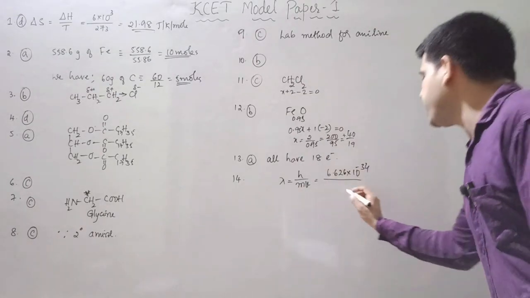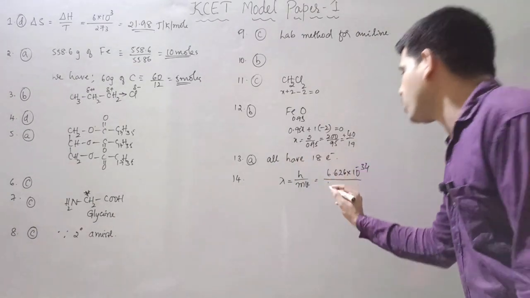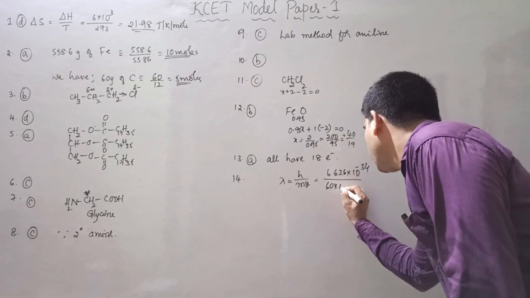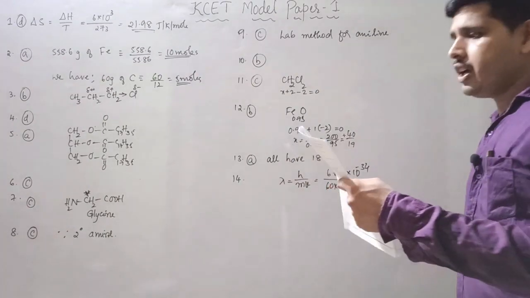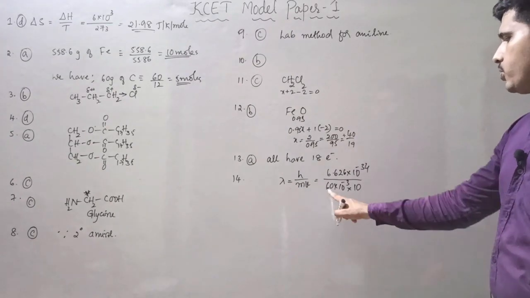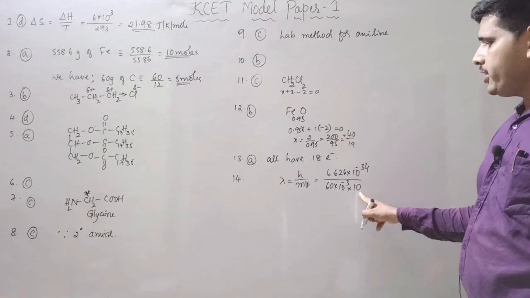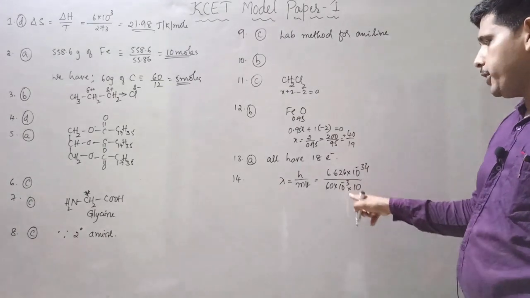It's told as 60 gram, but remember for the wavelength, it should be in kg in the de Broglie equation. So 60 into 10 to the power minus 3, and the velocity is 10 meters per second. So this you write as 60 into 10 raised to minus 2, and here 10 again, so 10 to the power minus 1.